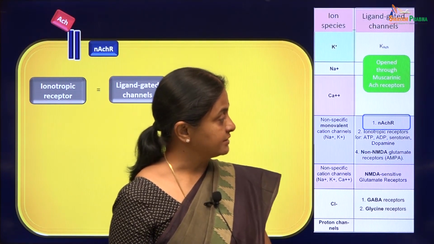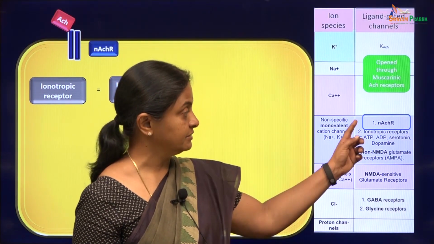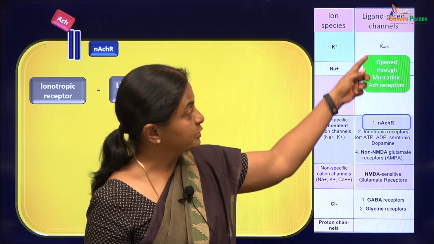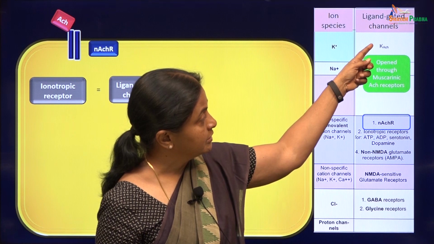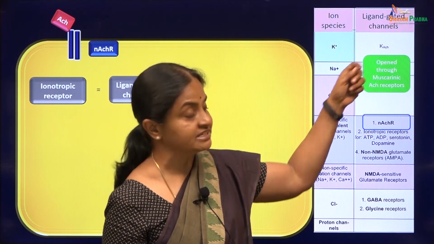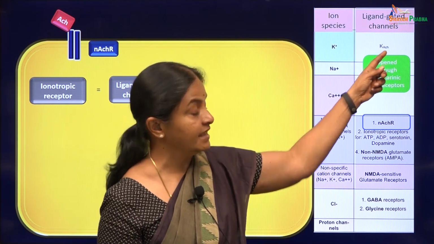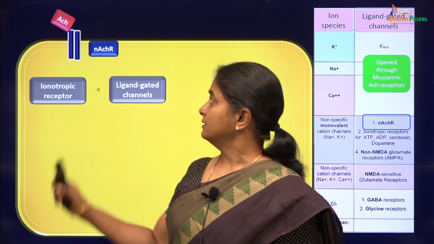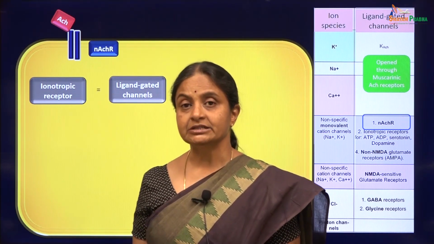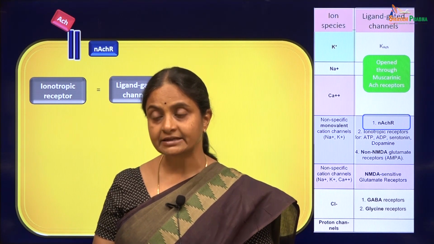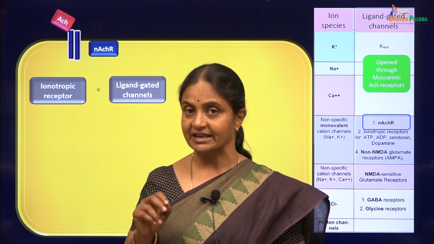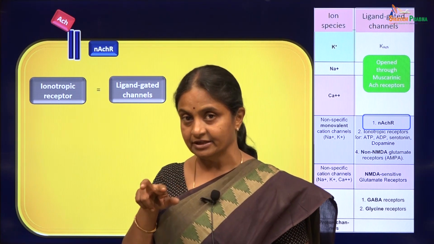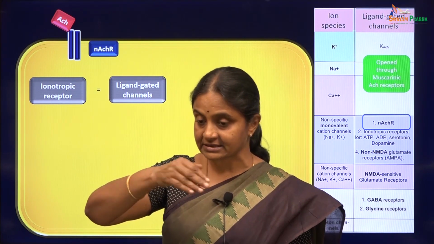Let us first look at the acetylcholine receptor, the nicotinic acetylcholine receptor, and along with that we will consider the potassium channel which is gated by acetylcholine, the KACH channel. The nicotinic acetylcholine receptor is located on the membrane of skeletal muscles at the motor end plate, where the nerve enters and communicates with the muscle, the neuromuscular junction. That is the region.